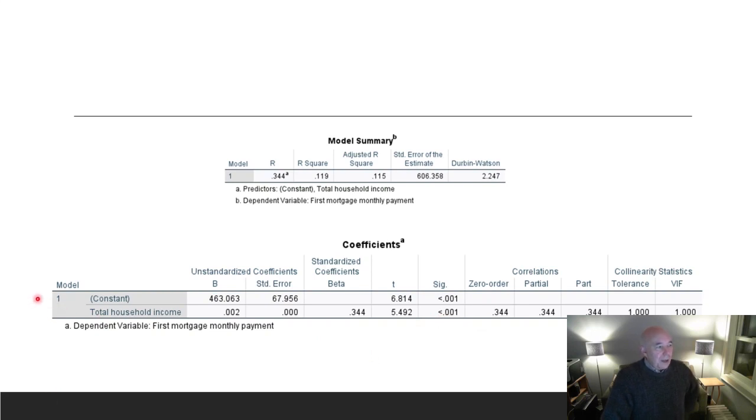I've largely ignored the constant, and I need to talk about it here really quick just so you know about it. It is a theoretical piece, and to be honest with you, if you go back to your algebra class in high school, it is the y-intercept of your analysis. So that if your household income is 0, the value of the mortgage payment is 463.